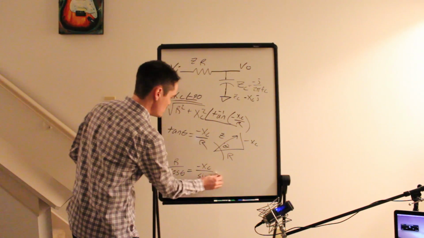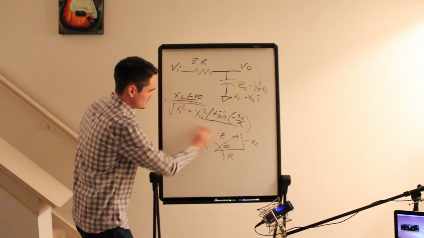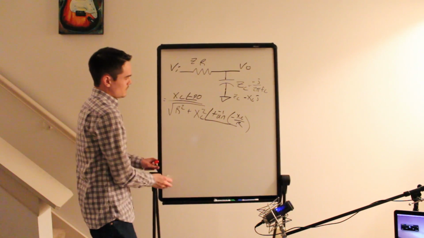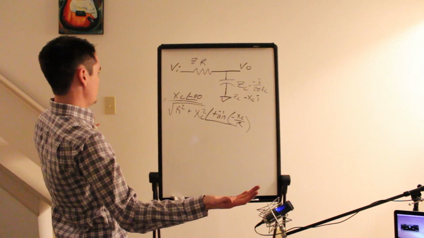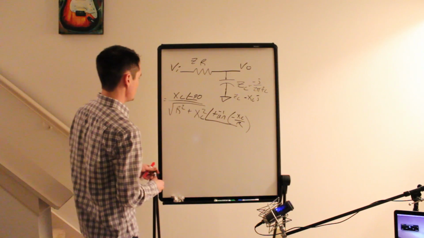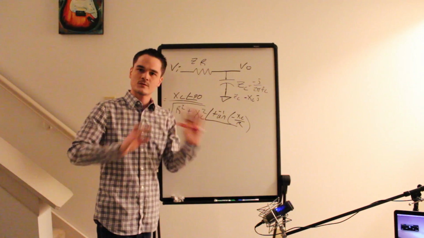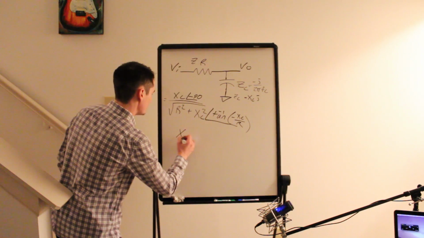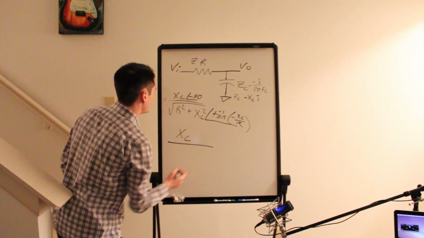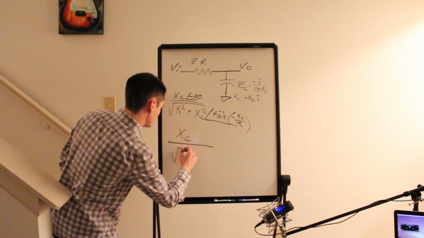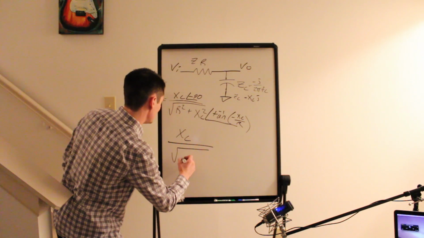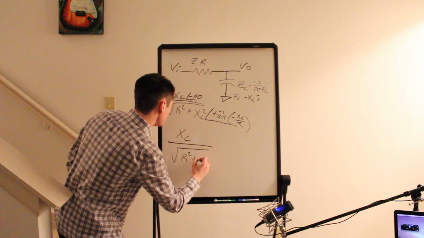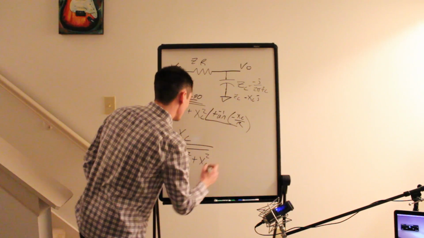Okay? This is getting good now, I hope. So what do we got here? We've got a gain. If you only want to strip the angle off and you're only interested in the gain, let's just draw that. x of c over the square root of r squared plus x of c squared.